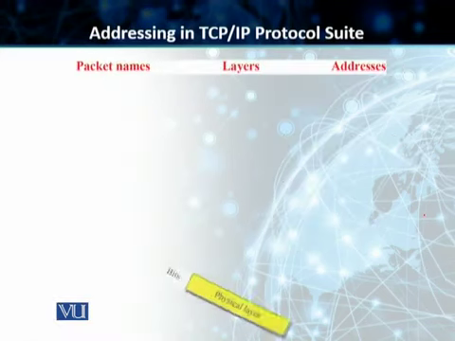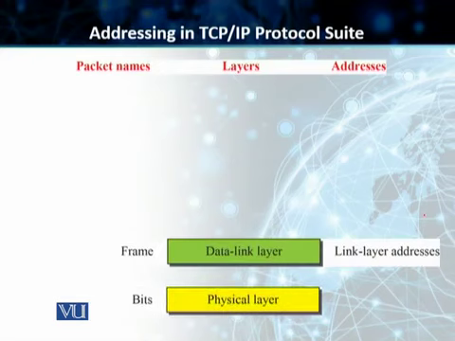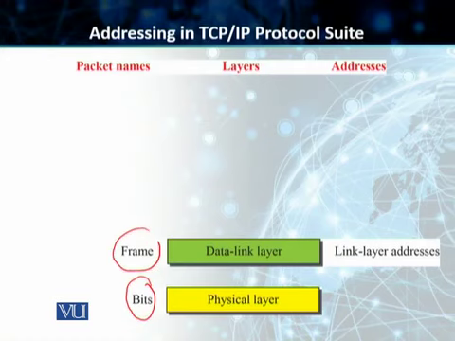Students, as you can see, starting from the physical layer, the packet names are bits, with no addresses. At the data link layer, we have the packet name as frame, and we have the link layer addresses that are used to identify the frames at the data link layer.